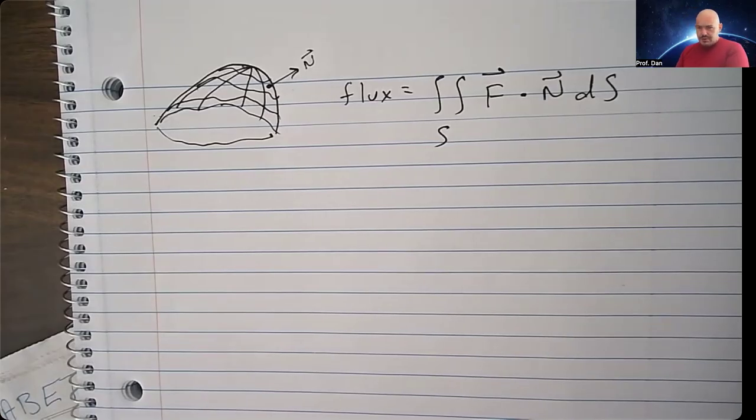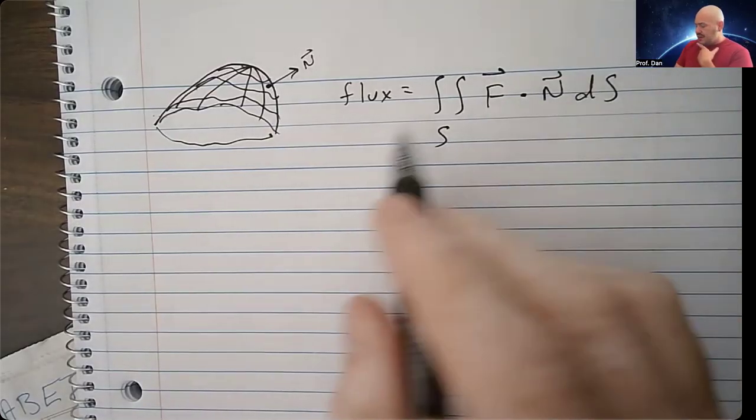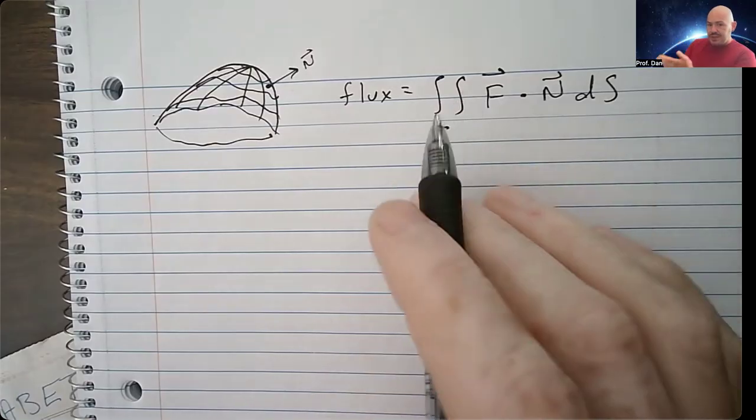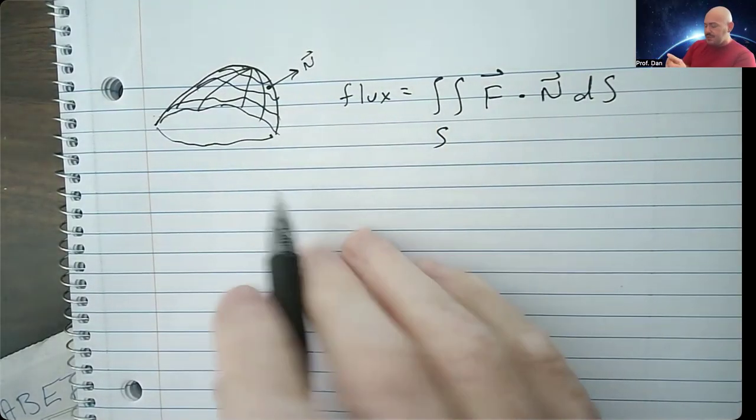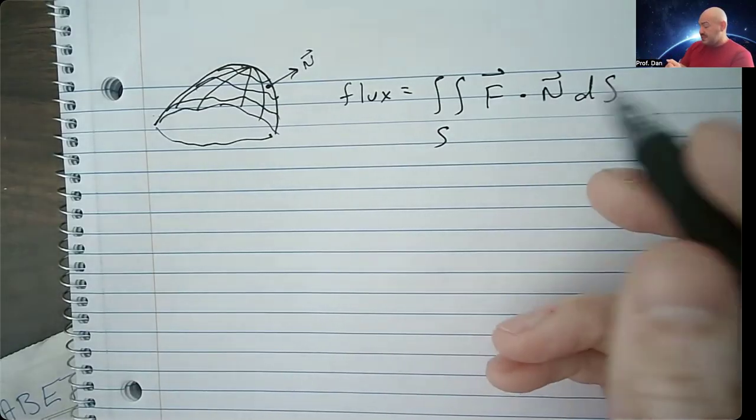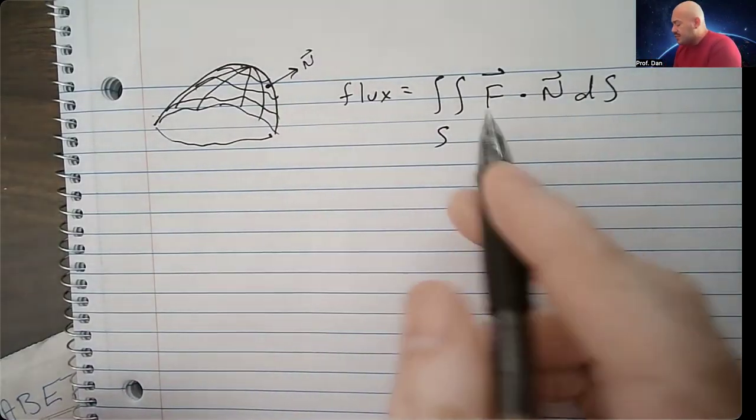So the vector normal to the surface that makes up the pipe in that case would indicate the direction of the flow under this force. Calculating this integral gives us the rate at which something passes through the surface. So pipes and plumbing really aren't the best example of that, but yeah.